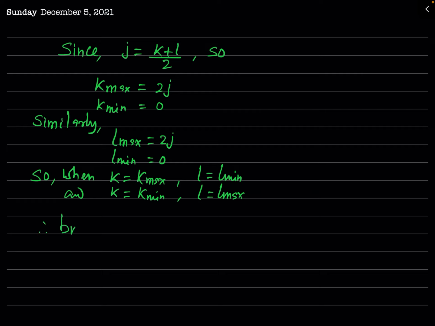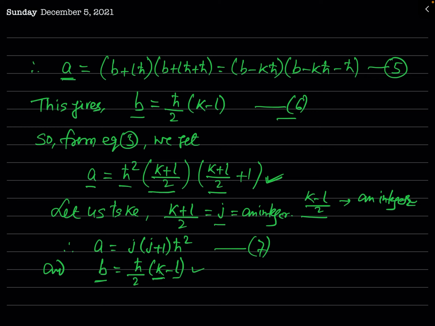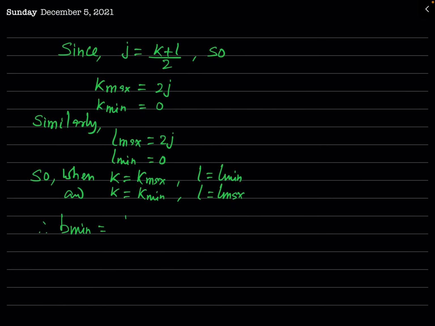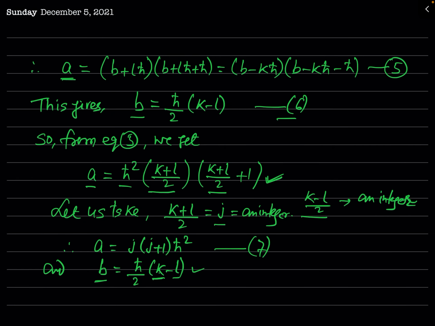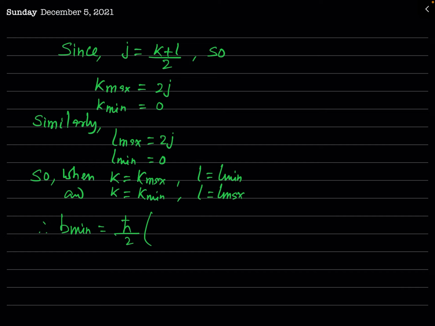So what will be B minimum? If you want to find the minimum value of B, how can you obtain it from this result? This will be h bar by 2 times, and there is k, but we have to find B minimum, so we should take k minimum and L maximum.